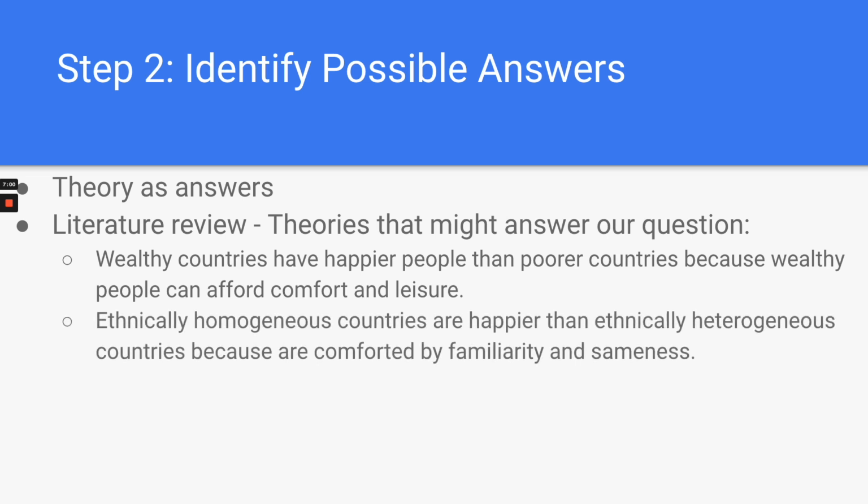And this one, similarly modified, the theory that ethnically homogeneous countries are happier than ethnically heterogeneous countries because people find comfort in familiarity and sameness. That can sound boring, but for a lot of people, that can be comforting.